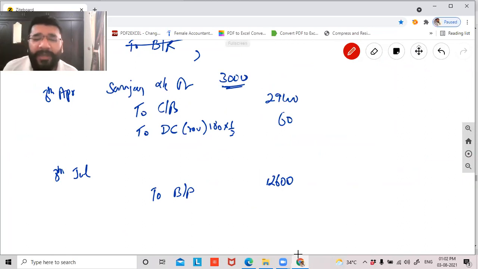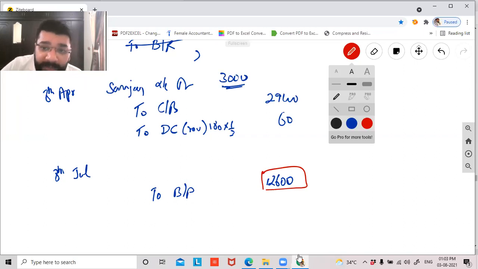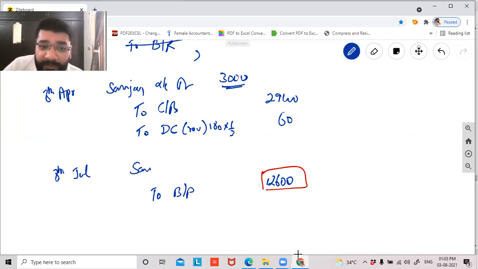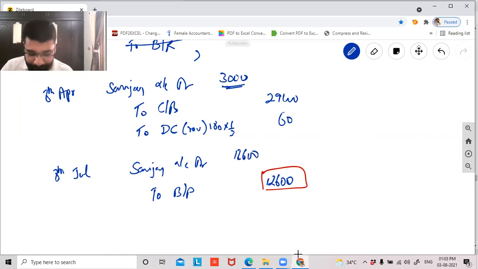Sanjay will enjoy this money. So now Sanjay has to pay this money to Anil, and Anil has to pay this money to the banker. So now this 12,600 is recoverable from whom? From Sanjay. So we need to debit Sanjay. We need to receive this money from Sanjay. Sanjay account debit 12,600 to bills payable. Yes or no?